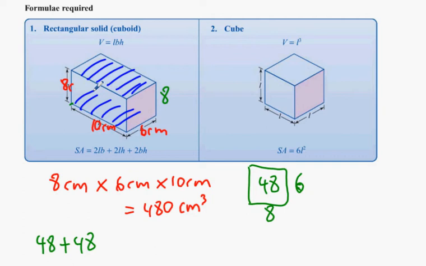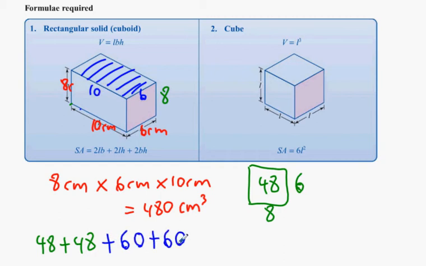Forget I even shaded the bottom. Just look at the top. It's 6 by 10 because it's 6 across and 10 long. So it's 6 by 10, which is what size? 60 centimeters squared. So it's 2 60s. Okay.